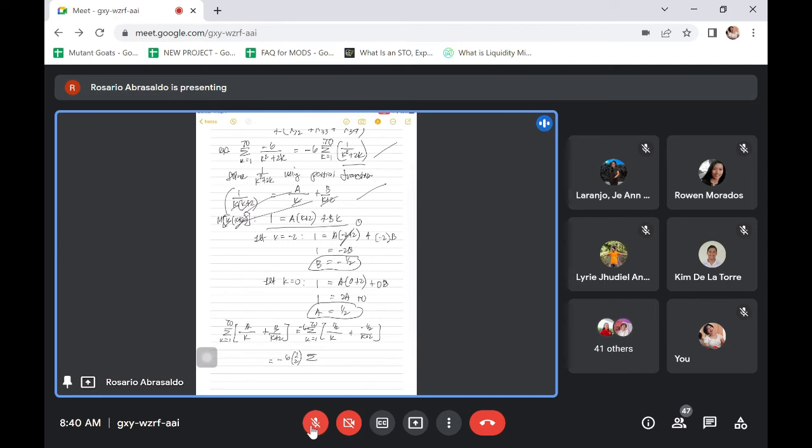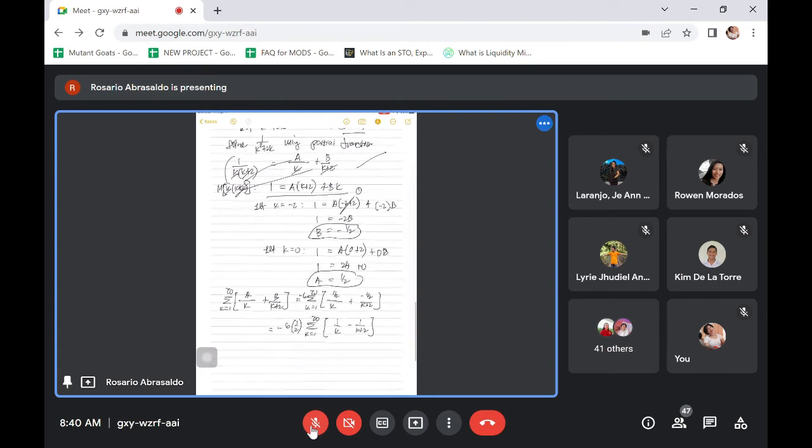Times the summation of 1 over k minus 1 over k plus 2. The negative sign remains, where k is from 1 to 70. So, 6 divided by 2 is negative 3. So negative 3 goes outside.